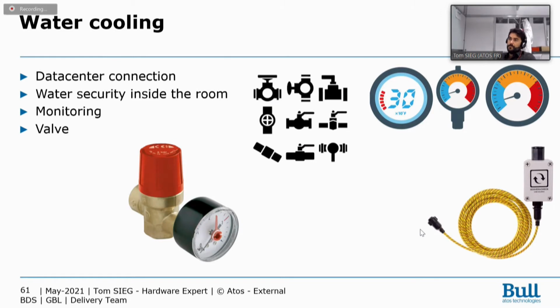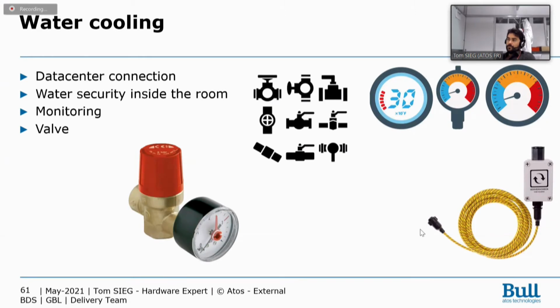Temperature is the minimum information you need from your infrastructure. The pressure and the water flow are really, really useful. And the last point to check is the air in the circuits.